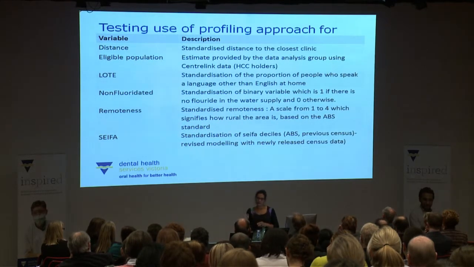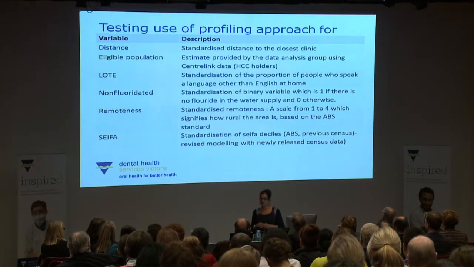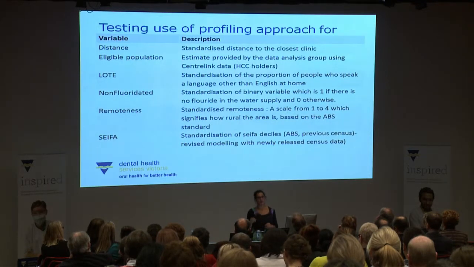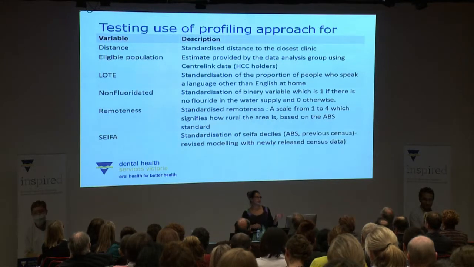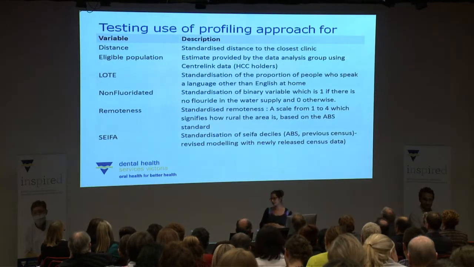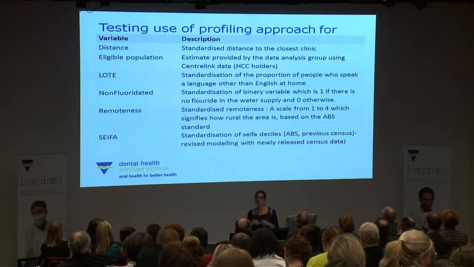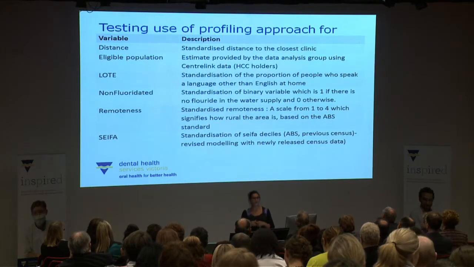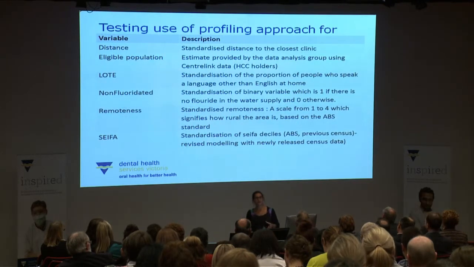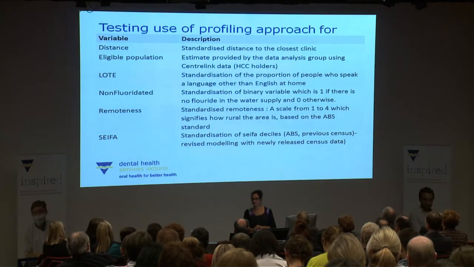The variables that go into the model, which I'm going to show you, were: distance, all standardised and normalised so that they could be used across the state, so the standardised distance to the closest public dental clinic; and the eligible population. Martin and the team in the data area and health intelligence unit within the organisation have done a lot of work to understand what the eligible population is, what denominator we can use there, and we were able to use their intelligence in our modelling.